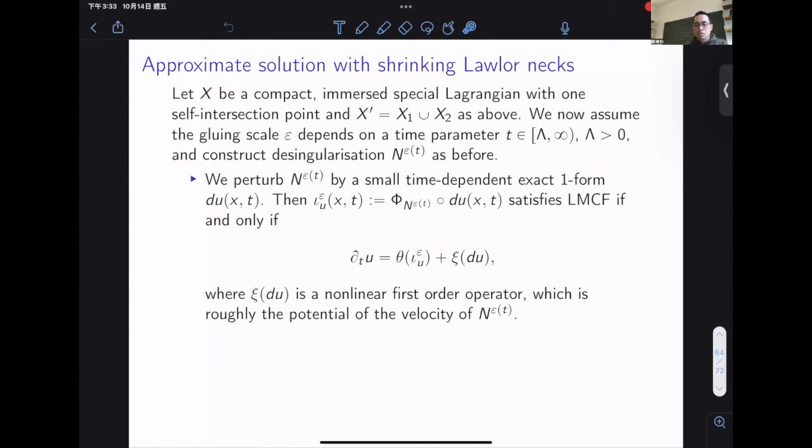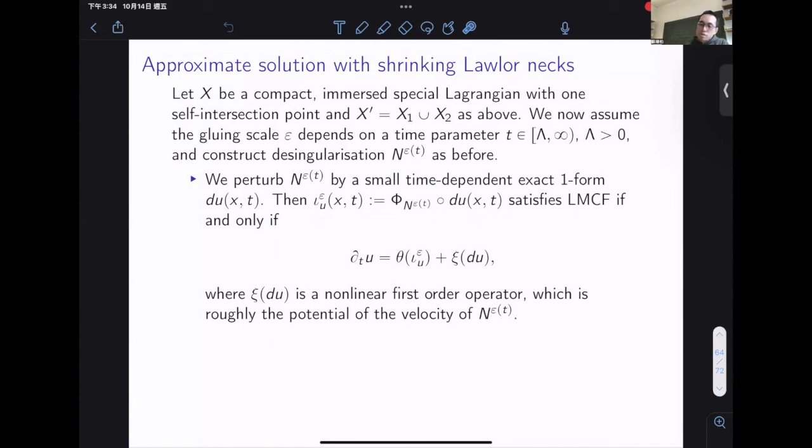So this time we are not going to solve the special Lagrangian equation. Instead, we want to solve that. Can we perturb this family N_epsilon(t) by a time-dependent exact one form, such that the perturbed family of submanifolds satisfy the Lagrangian mean curvature flow?